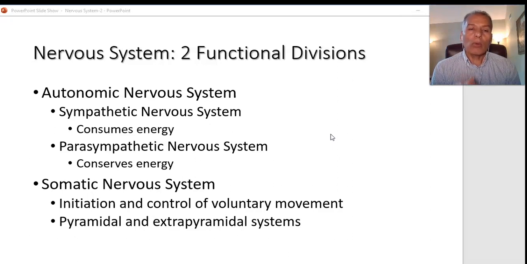Now the other system is the parasympathetic nervous system. That is the system that wants you to lower your energy consumption, because the brain doesn't store energy, and it works to conserve energy as much as possible.